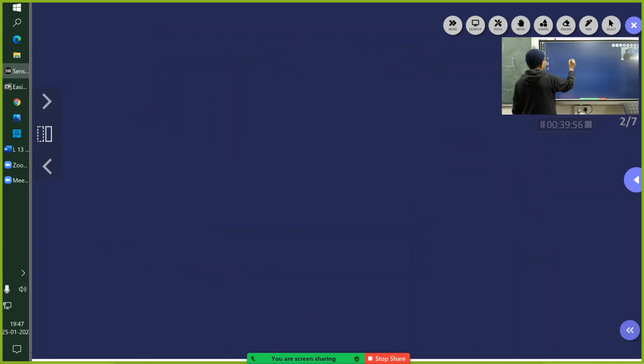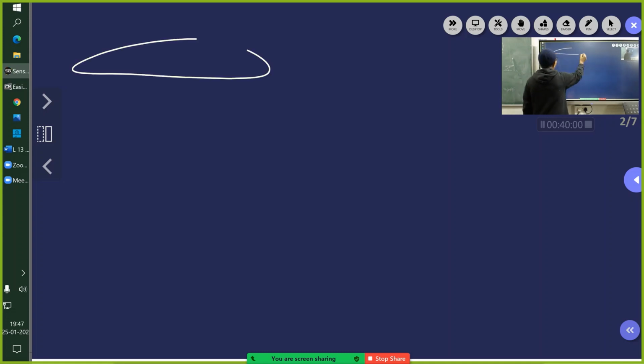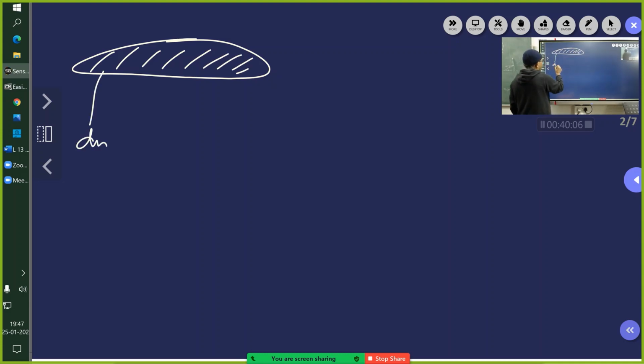Now we'll start with a simple plate. You can take a disc. This is a disc of mass m. I have not drawn it properly, please excuse me.